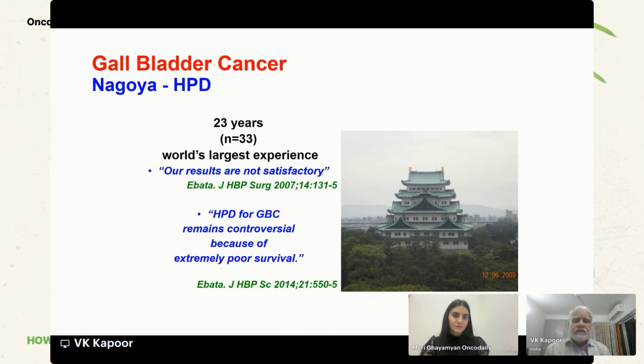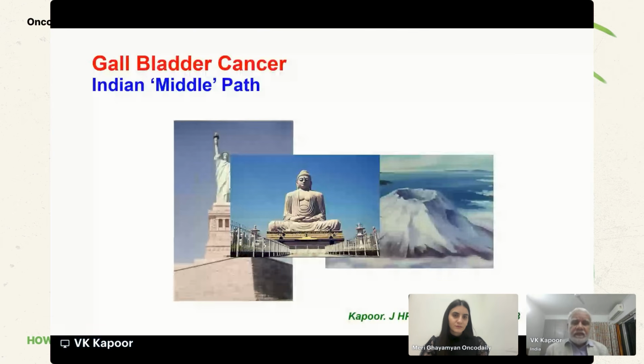So what we say is that between the Japanese aggressive approach to gallbladder cancer and the Western very nihilistic approach, where even early gallbladder cancer is not treated adequately and properly, resulting in poor survival, we should have what I call an Indian Buddhist middle path. What is the middle path?